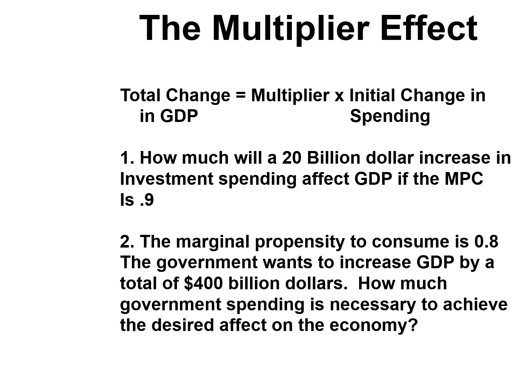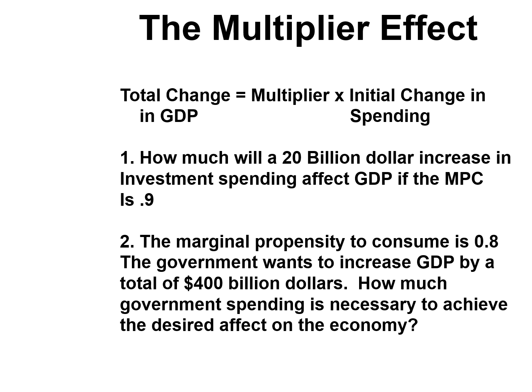Little warm-up. Remember, total change in GDP is ultimately calculated by taking the initial change in spending times the multiplier. Question 1 here says, how much will a $20 billion increase in investment spending affect GDP if the marginal propensity to consume is 0.9? Step-by-step process.